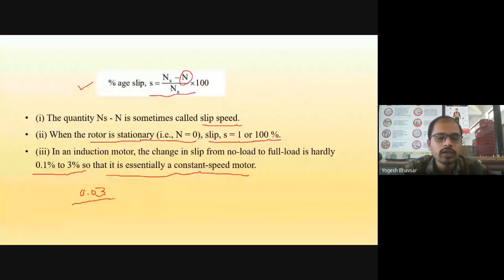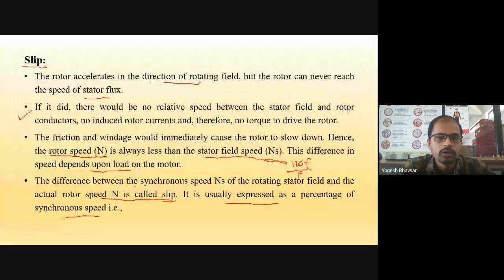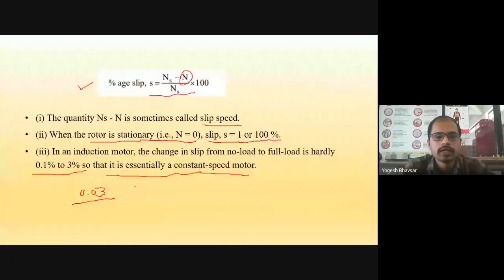So that's why this motor is almost a constant speed motor, like the DC shunt motor. In the DC shunt motor also the flux is constant, hence that motor is also called a constant speed motor. Similarly for the three-phase induction motor. So this is called slip in three-phase induction motor, and its formula you have to remember, Ns minus N by Ns multiplied by 100.